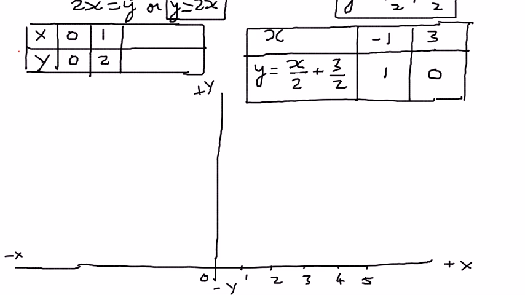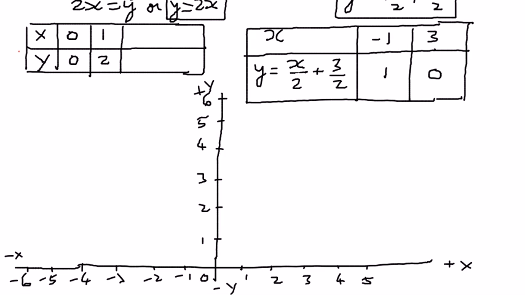And on the negative x-axis, -1, -2, -3, -4, -5, -6, and on the y-axis, let's call these 1, 2, 3, 4, 5, 6.